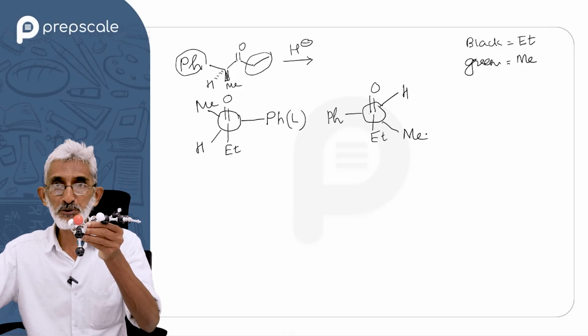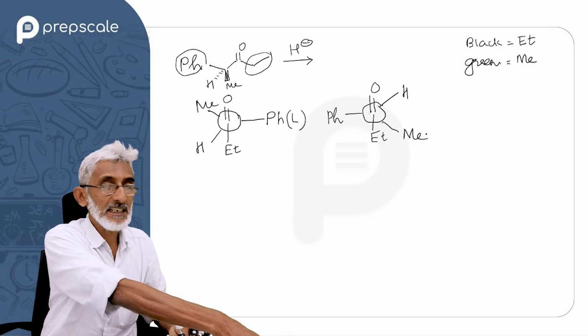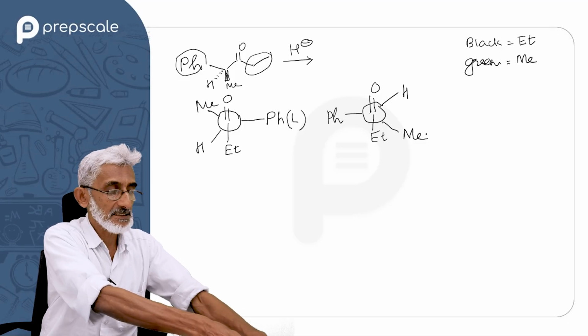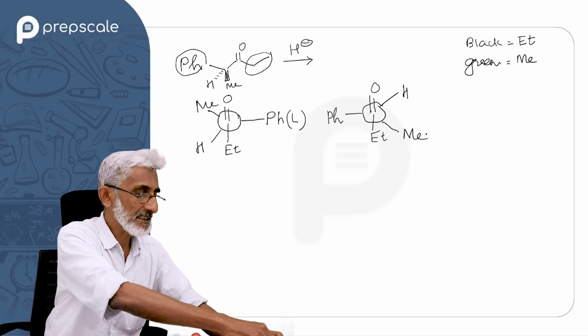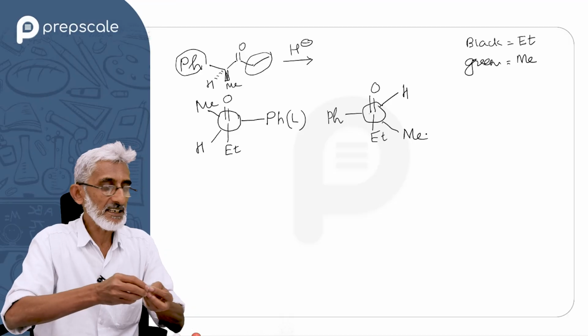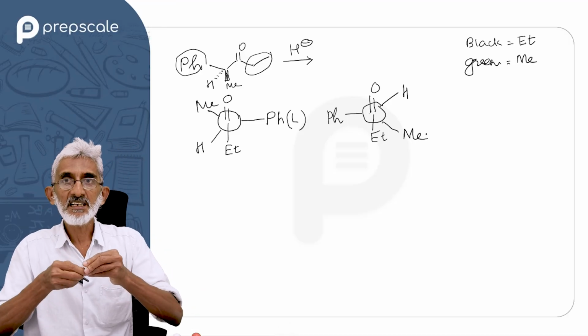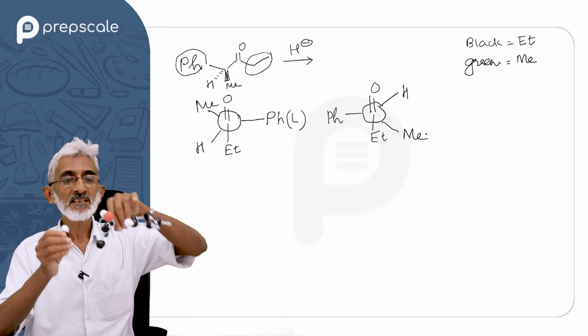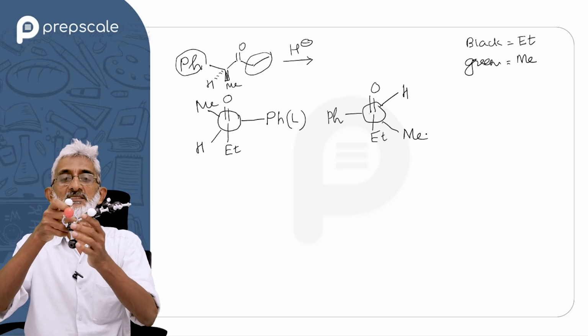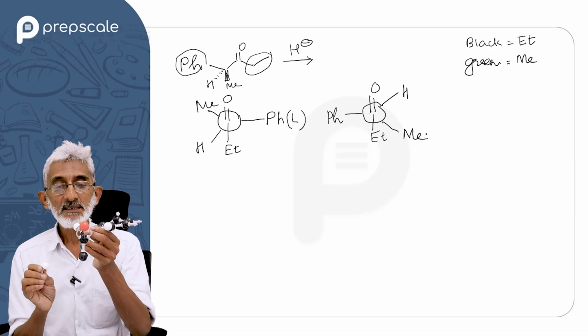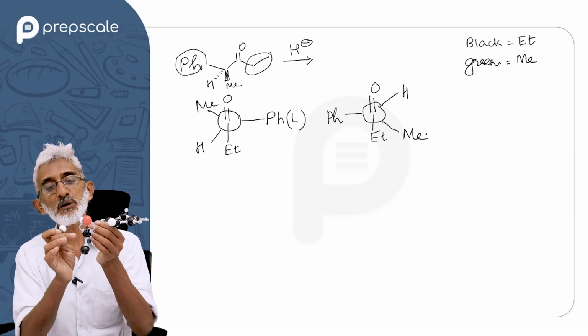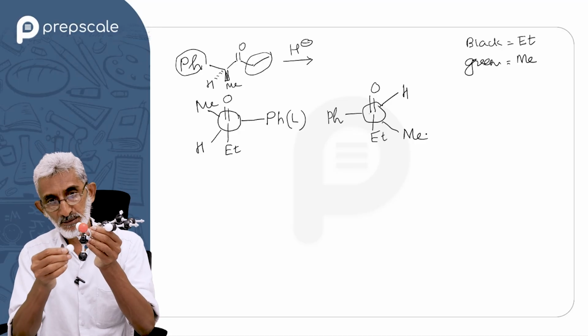Now we have a nucleophile which should attack. Let me make it H. Here is a nucleophile, H minus. Assume this is H minus. So we are holding this in two different ways. Remember, the attack always occurs in this angle.